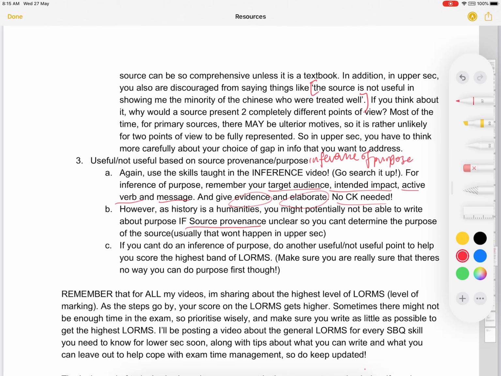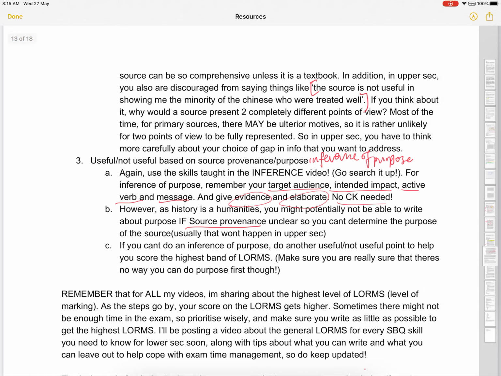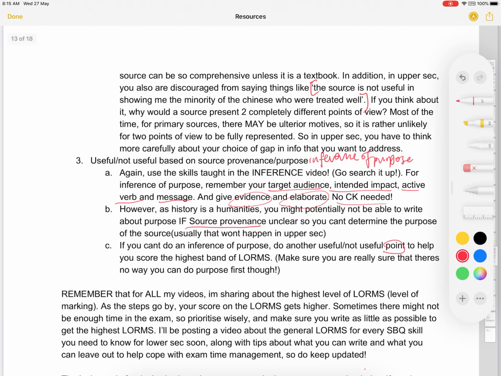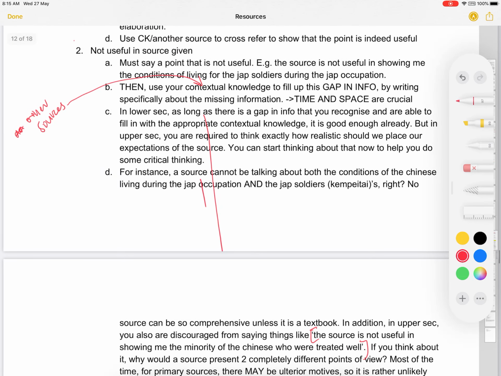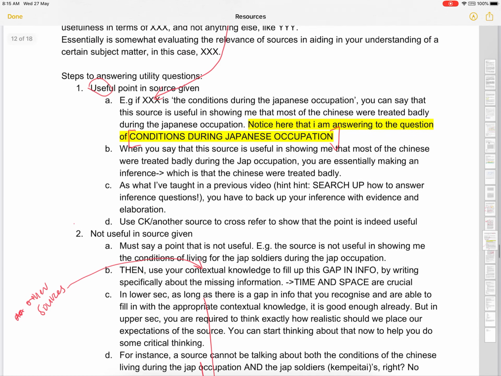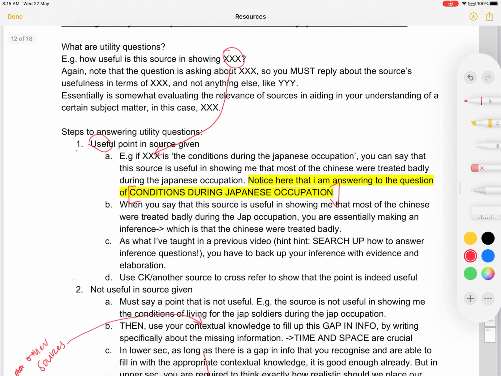But usually this won't happen in upper sec, but in lower sec it might. So in the case that you cannot do a useful or not useful based on purpose, you can do another useful or not useful point, like points 2 and 3 above.